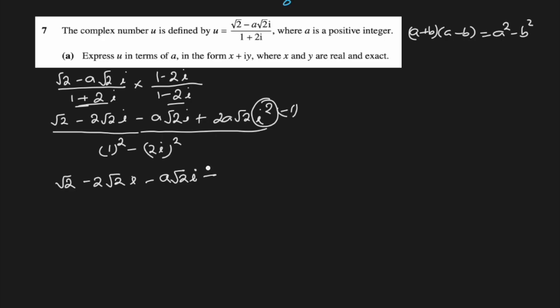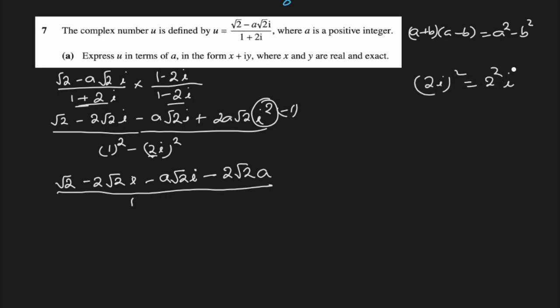So -1 multiplies with this and becomes 2 square root 2a. And 1 square is 1. And this will give us 2 square is 4, 2i square, right? Which will be 2 square i square. 2 square is 4 and i square is -1. Because there is a negative already, it will become positive 4.